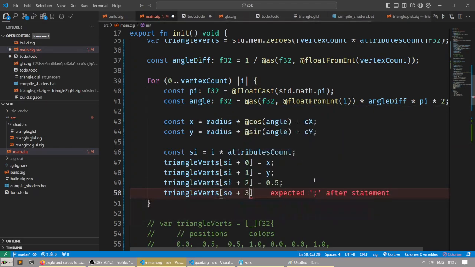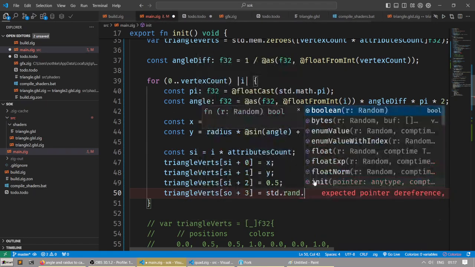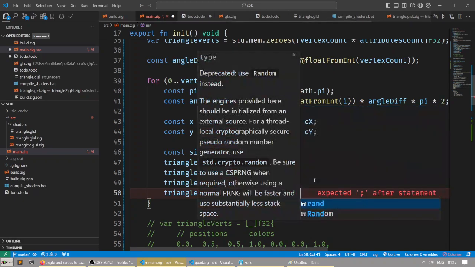Si plus 3 can be, is there like std rand? Yes. How do you use the rand? And now I need to remember. You probably create one from nothing.